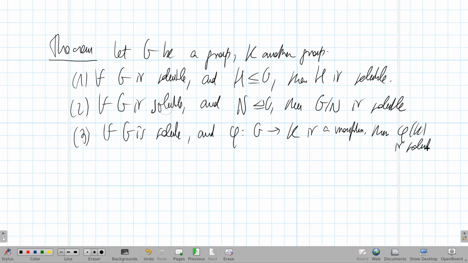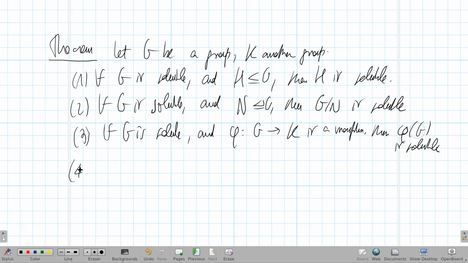The image is soluble. There is a mistake in the notes that I'll try and fix: it's phi of G, not phi of K. And this, of course, will be trivial because phi of G by the first isomorphism theorem is isomorphic to G over the kernel. And so it will follow from 2.